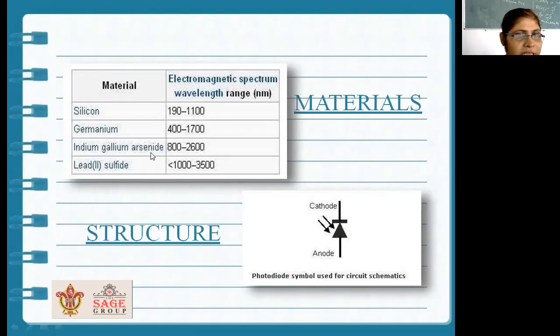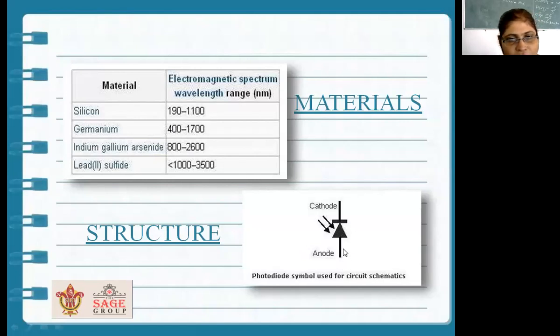Indium gallium arsenide can do the conversion for 800 to 2600 nanometers. Next is lead sulfide. If the light has a wavelength of less than 1000 nanometers, then the lead sulfide photodiode can convert this light energy into electrical energy. So this is about the material of the photodiode.